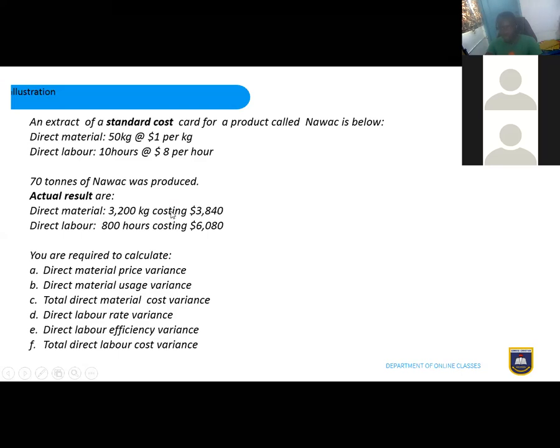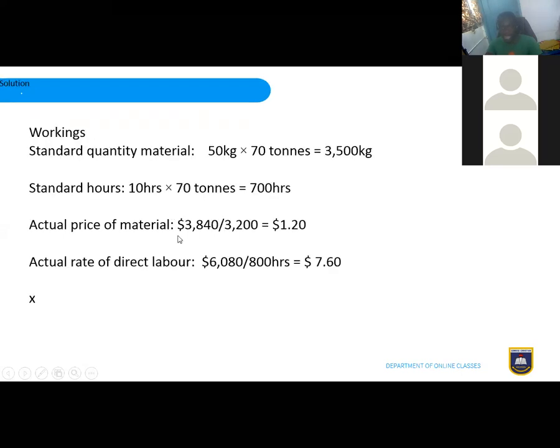So what you ought to do is divide. The total cost of the material, $3,840, will be the numerator, at the top, and you divide it by the quantity, which is 3,200 kg.